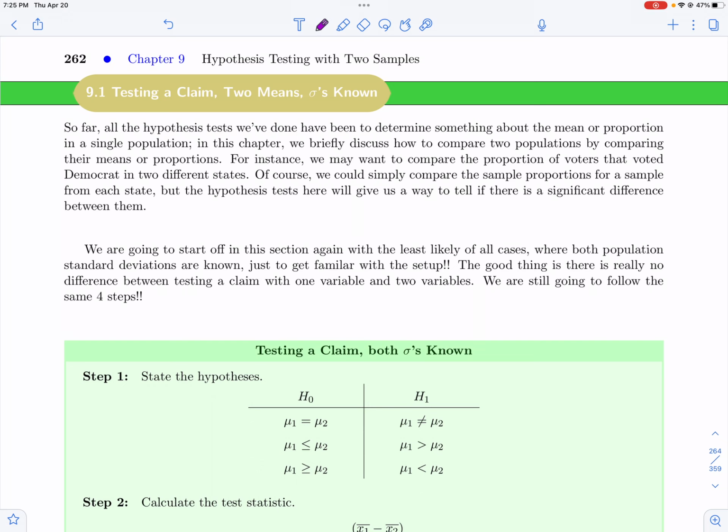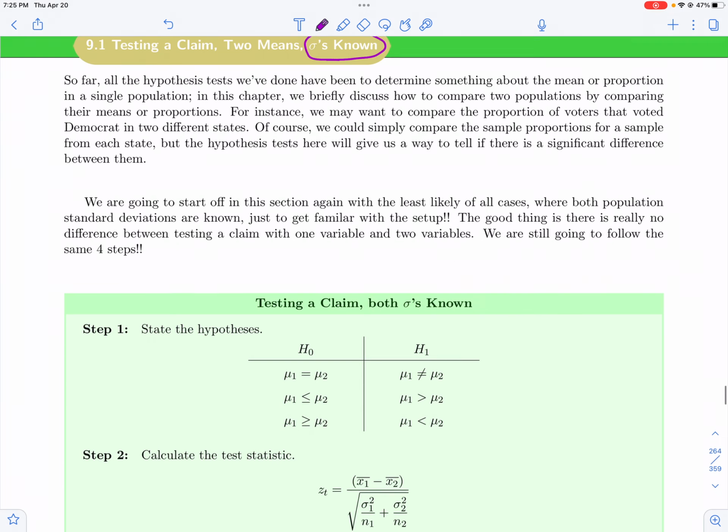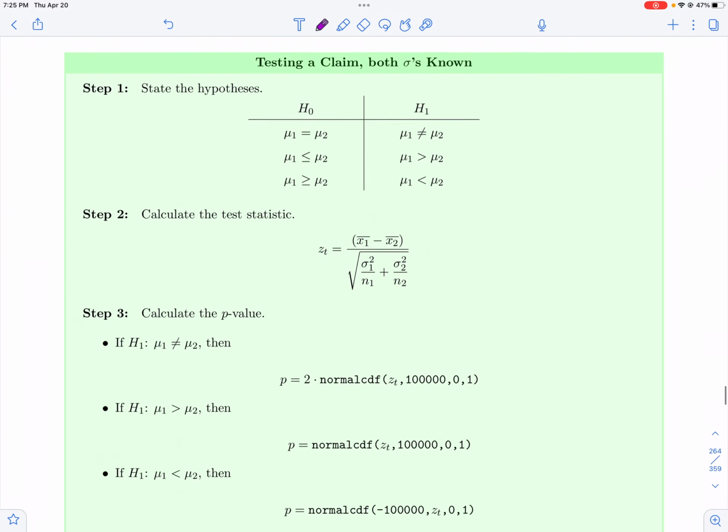If we look at the conditions for Chapter 9.1, we're testing a claim with two means, and again, sigma is known. So this is going to be very similar to what we did in 8.4. Since our population standard deviation is known, we'll be working with z-scores, inverse norm, normal CDF, things like that.